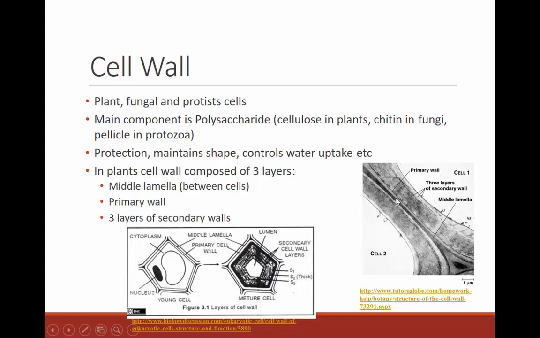So when they're butt up against each other, you've got the lamella in between them, then just deep to that lamella you've got the primary walls, and just deep to that, the secondary wall. And the secondary wall has those 3 layers. So it is quite complex because it needs to control movement of substances through or into the cell, and also to maintain shape.